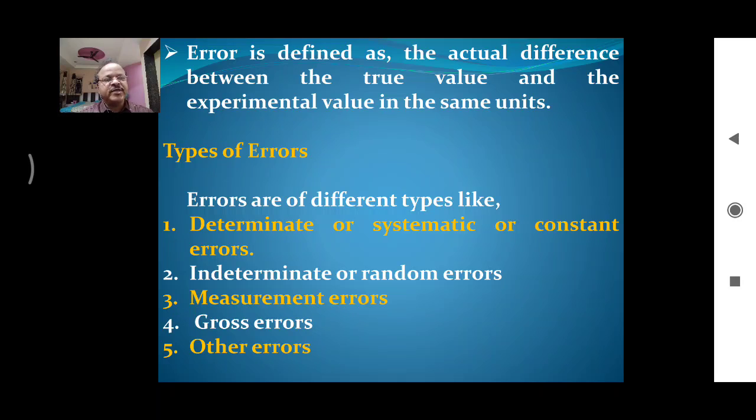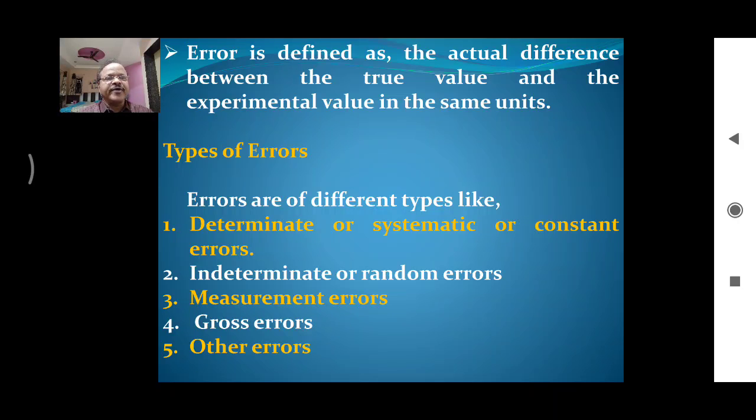Now suppose we are carrying out a particular titration and the standard reading should be 10 ml, and if we carry out the same experiment and the titration reading is found to be 8.5, then the difference between 10 and 8.5 is 1.5, and this is the error, that is, 1.5 ml is the error in the reading of this titration. So this is called error.